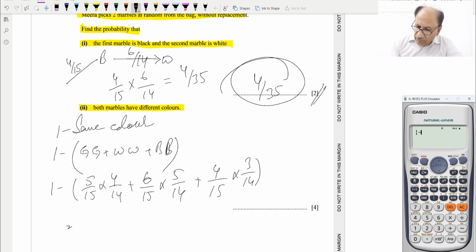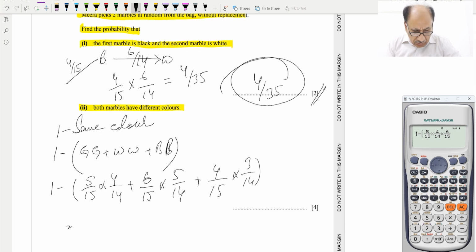So 1 minus this will be 5 over 15 into this will be 4 over 14, and plus this will be 6 over 15, and this should be plus here.